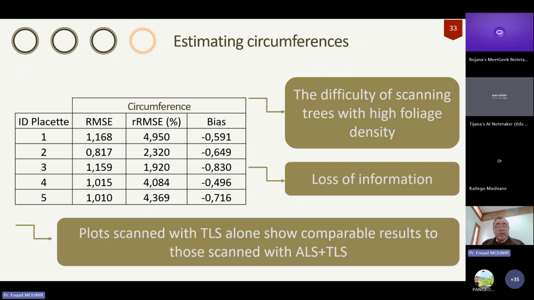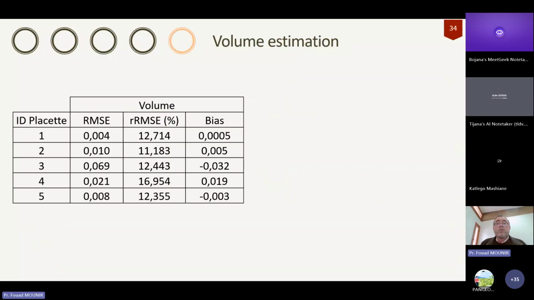The plots scanned with the TLS alone show a comparable result to those scanned with TLS and DLS, mainly for the circumferences. For volume estimation, as I said, we used the methods that I explained in the methodology, and we saw that from plot 1 to 3, we have quite high, not very high, but accuracy.